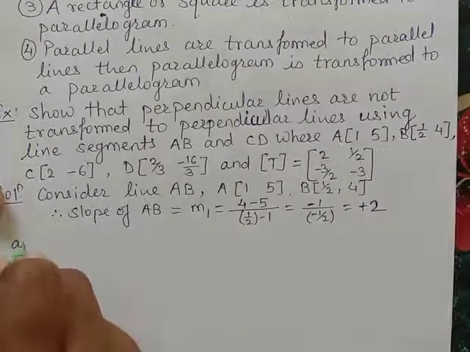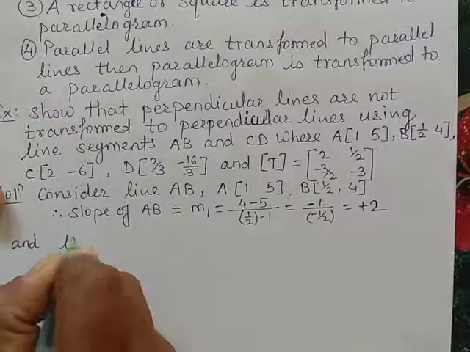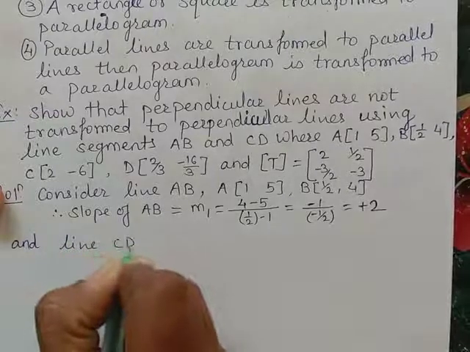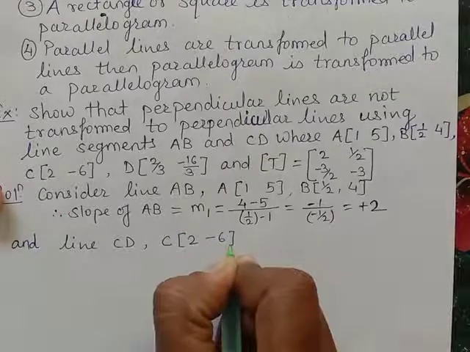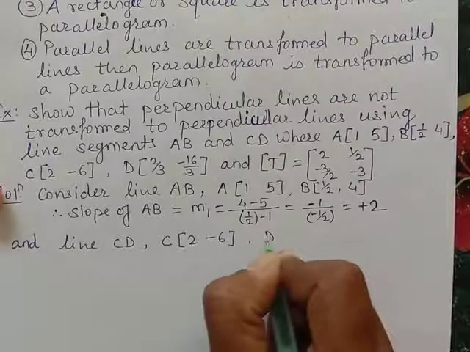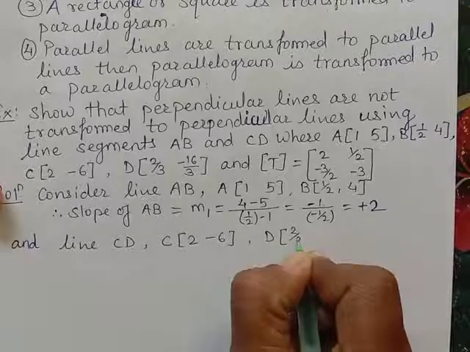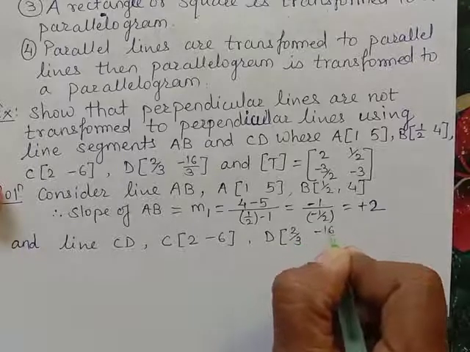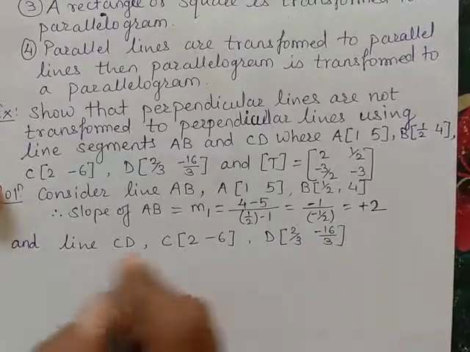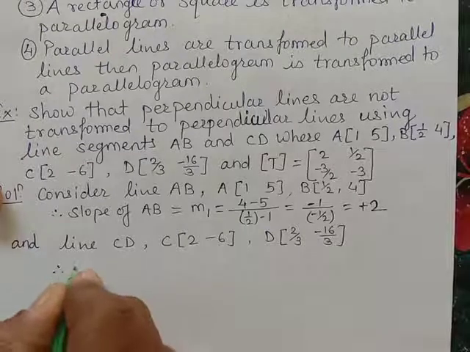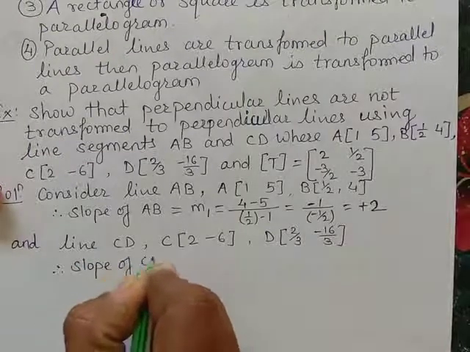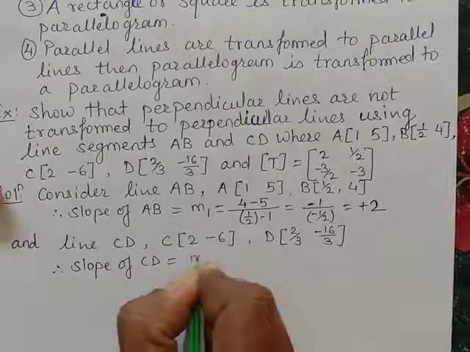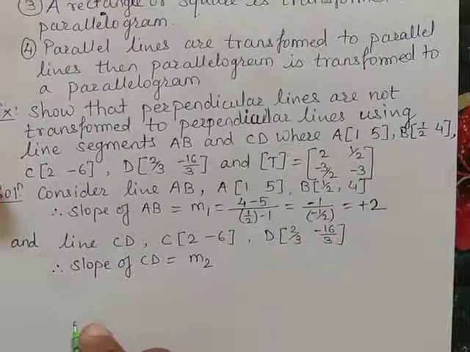And line CD, wait, C is what? (2, -6), and D having a position vector (2/3, -16/3), right? Therefore, slope of CD equal to, let it be M2, right?